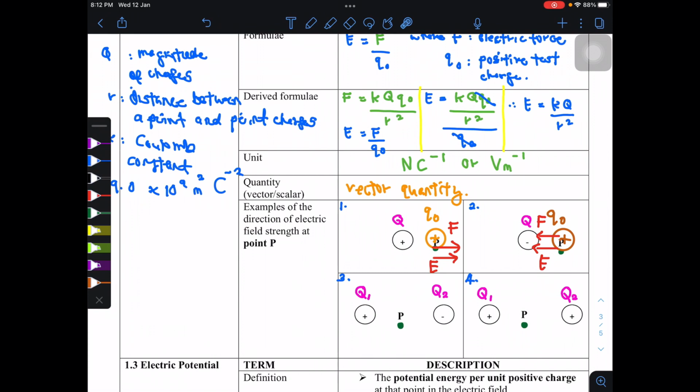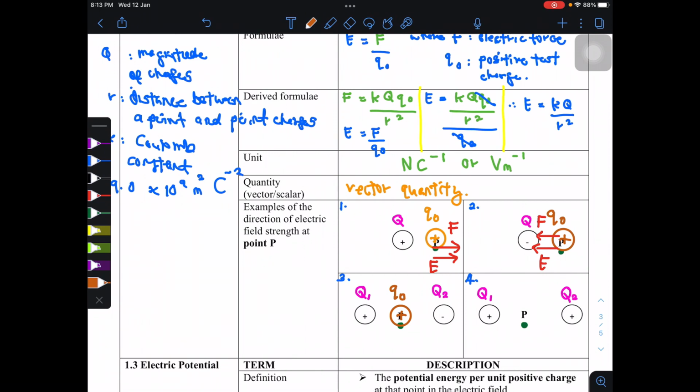Now we need to show the direction of the electric field strength at point P. What we are going to do is put a positive test charge at point P. You just take a positive test charge and locate it at point P. I label it as Q0, so this Q0 refers to the positive test charge.